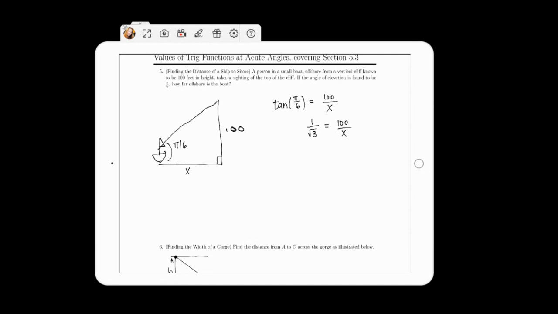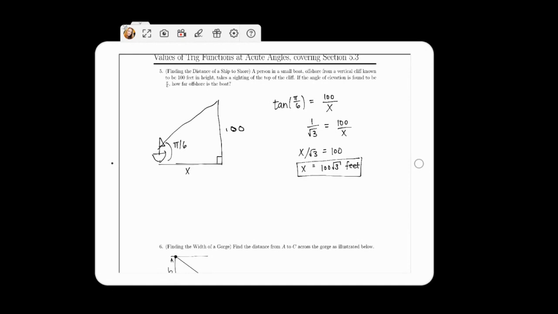And now to solve for x, I simply multiply both sides of the equation by x so that I have x over root 3 equals 100. And then to get rid of the division by root 3, I multiply both sides by root 3. So x equals 100 times the square root of 3. And I always include units in real life problems. 100 times the square root of 3 feet is how far away I am. Pretty cool.